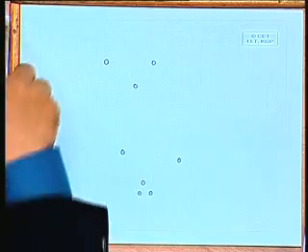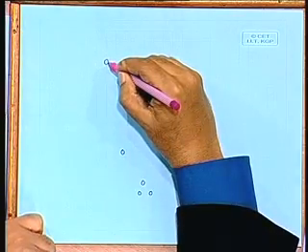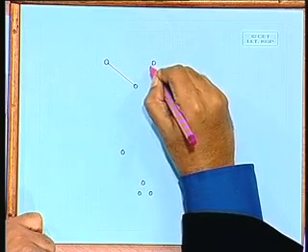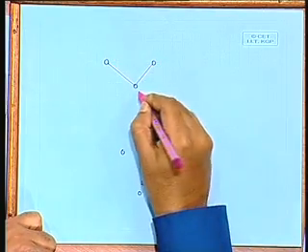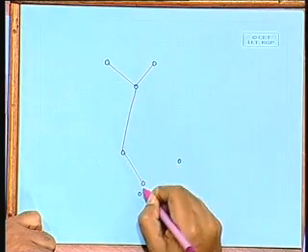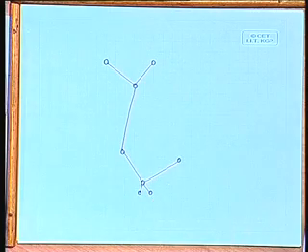So, we will first create a minimum spanning tree of these, and let us say that this is the minimum spanning tree, right.